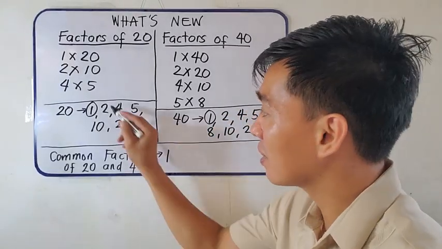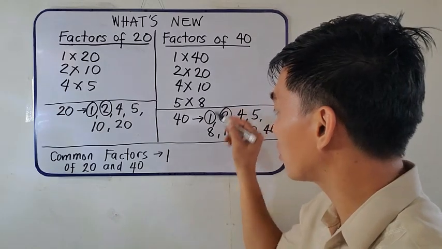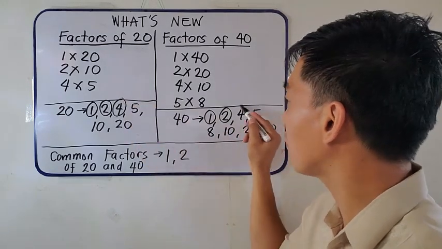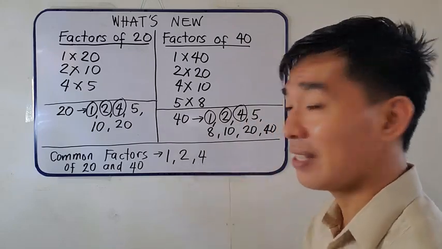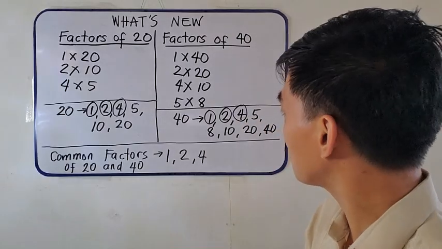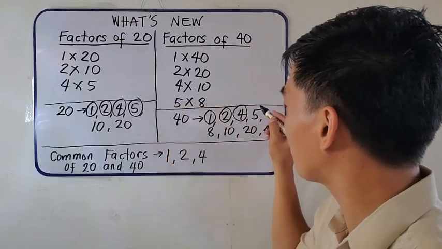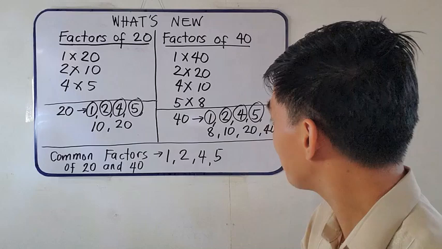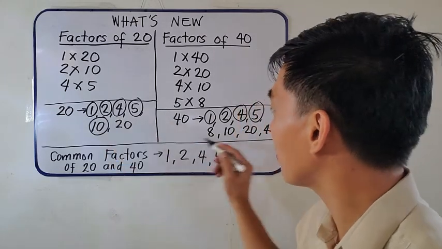Another one is 2. We also have 2 here. The next one is 4. We also have 4 here. The next one is, I think it's 5. We also have 5 here. The next one is 10, and there's 10 here.